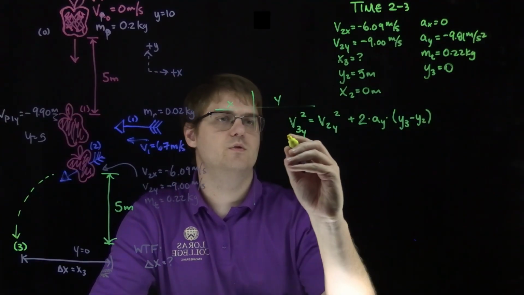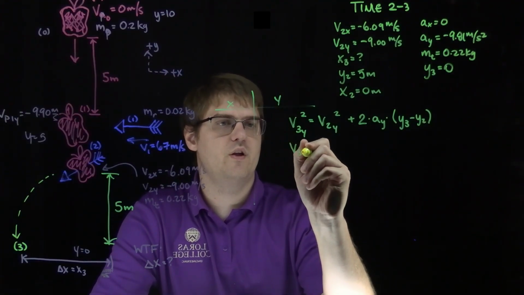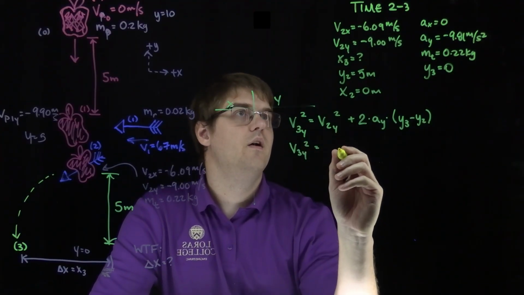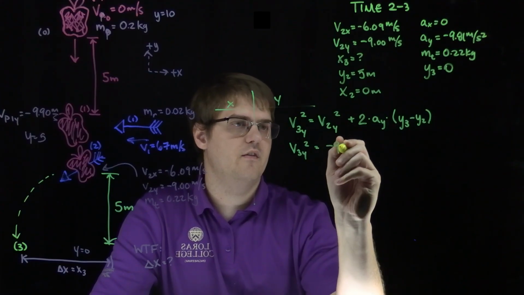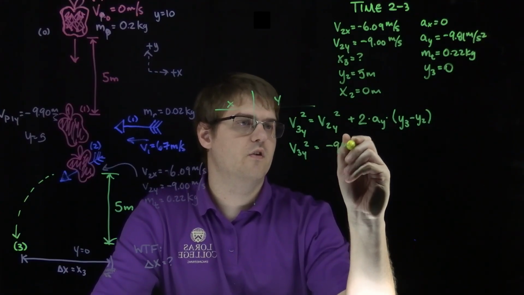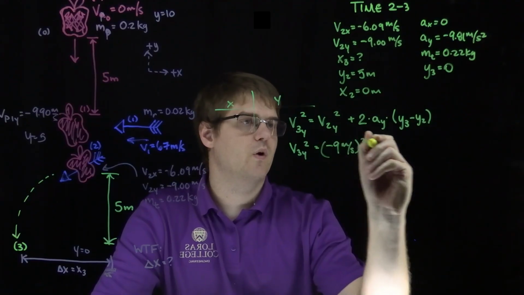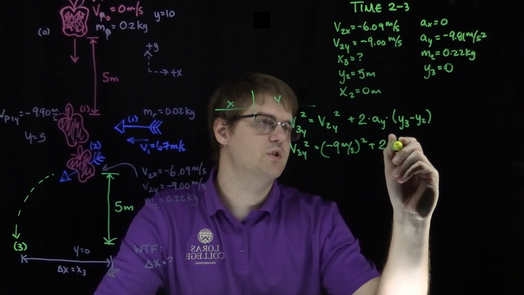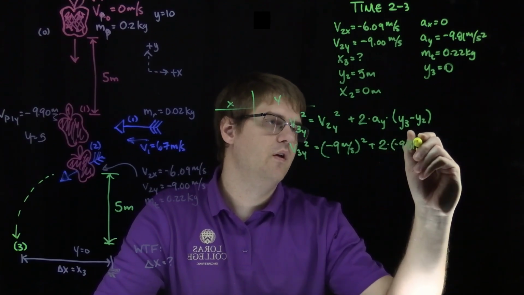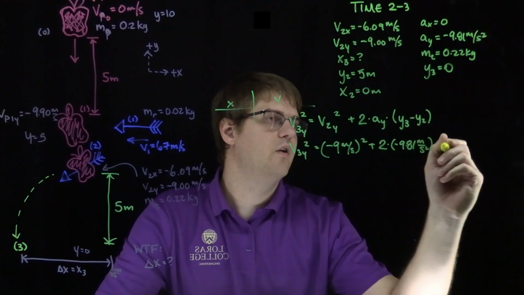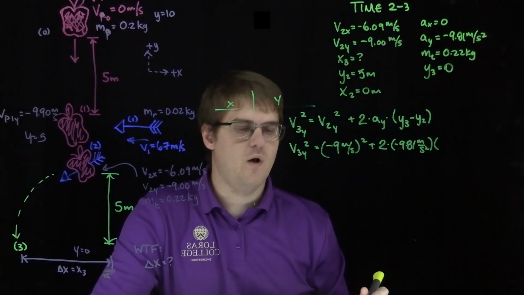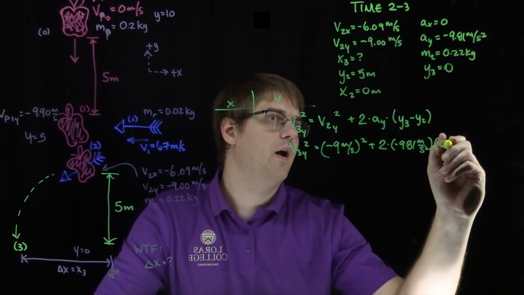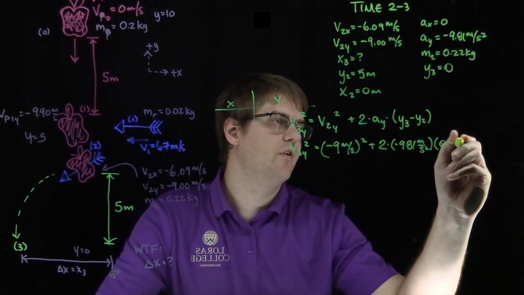And that comes out to velocity 3 in the y squared is going to be velocity 2 in the y, negative 9 meters per second. If I square that, plus 2 times my acceleration in the y, which is negative 9.81 meters per second squared, times my y3 minus y2. y3 is 0. My y2 is 5.